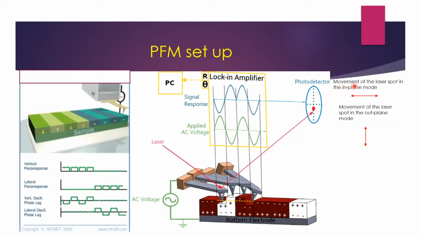To obtain the in-plane mode, we detect the horizontal response of the photodetector. If we want to measure the out-of-plane mode, we measure the vertical response of the photodetector. The most usual or typical measurements are made in the out-of-plane mode.